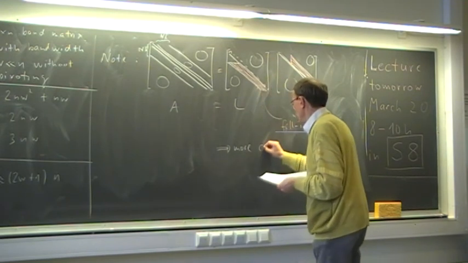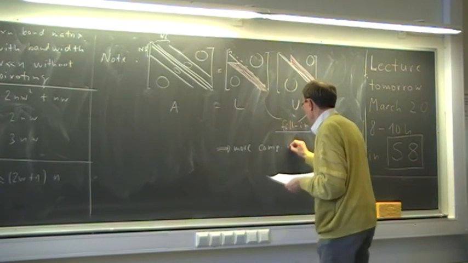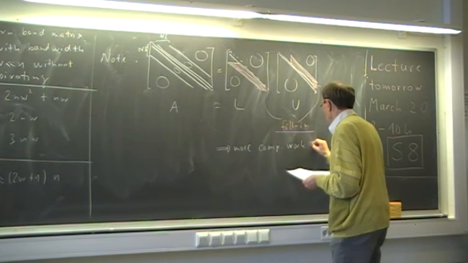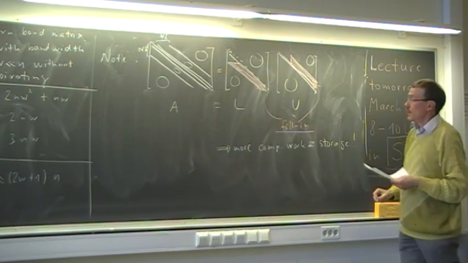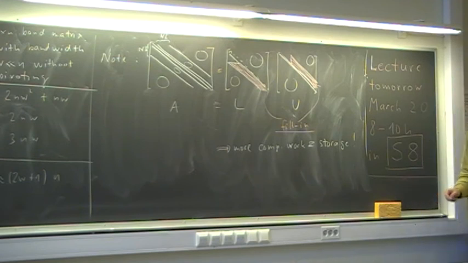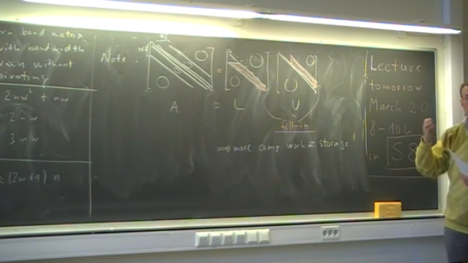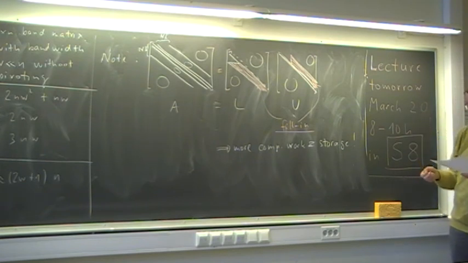More computational work, and you need more storage. There is a technique called incomplete LU decomposition, where you stop at some point and you accept that you don't do it accurately, but only approximately the solution, and that is sometimes useful as an approximate solution.